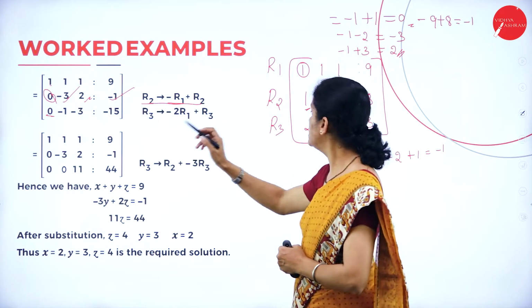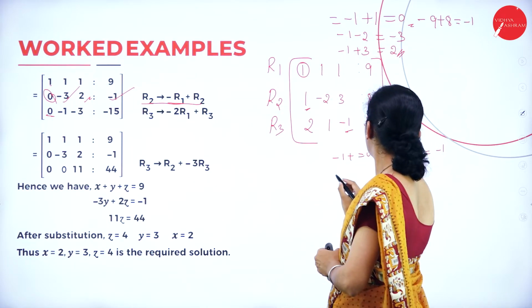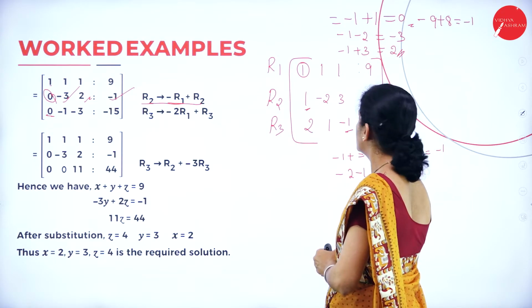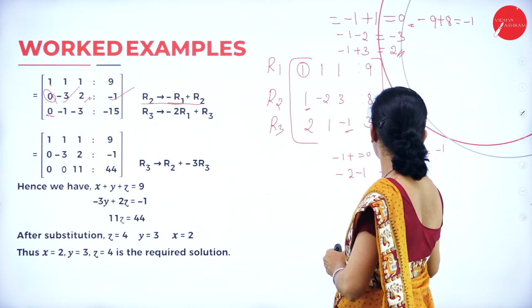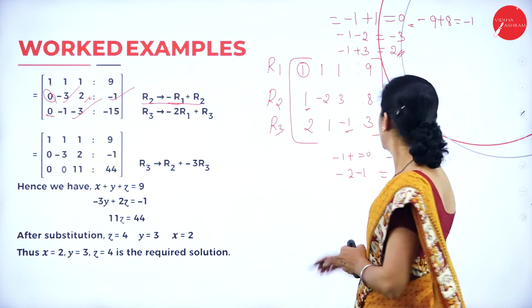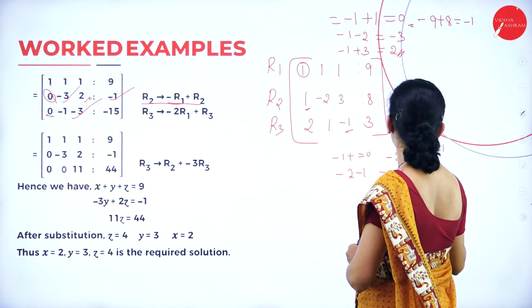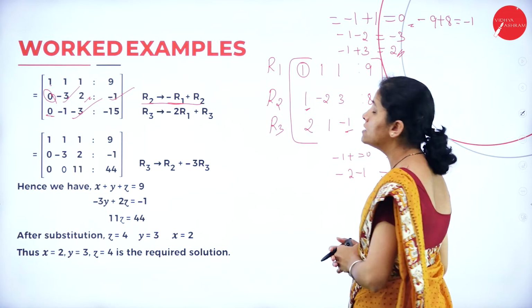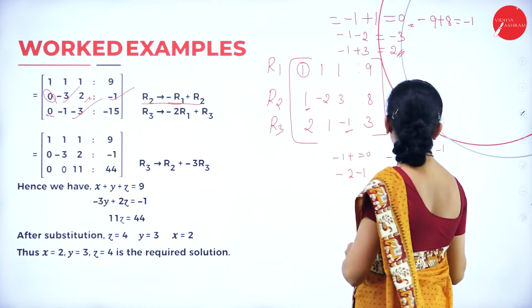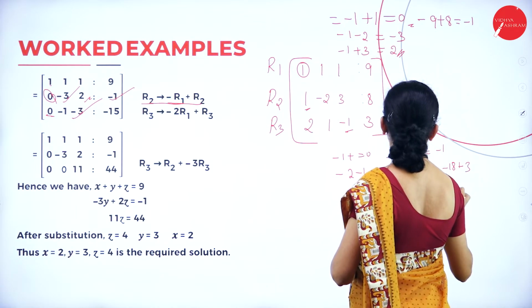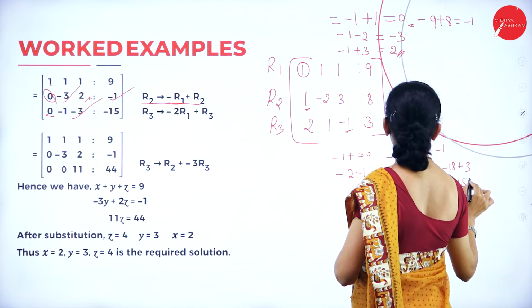Next, I have minus 2 minus 1, I get the answer minus 3. Now I have minus 2 into R1, that is 9, 9 into 2, it is minus 18 plus 3. What is the answer? I'll get minus 15.